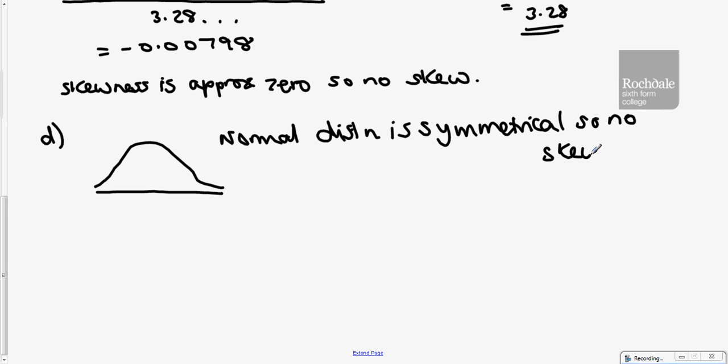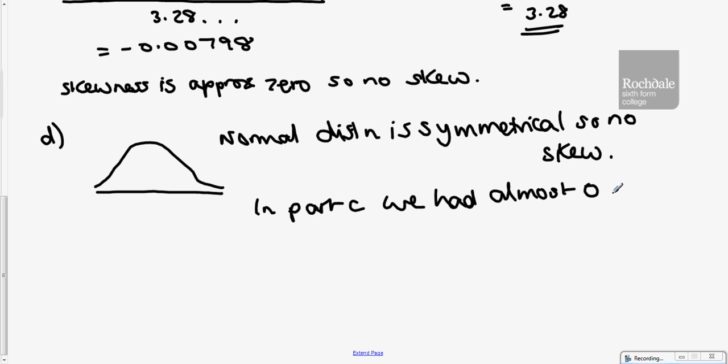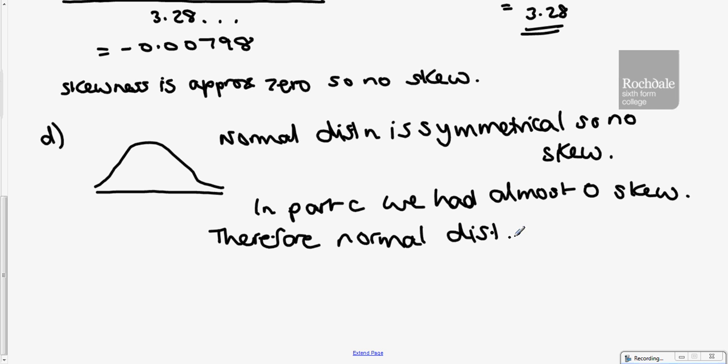That's the crucial thing. In part C, we had almost 0 skew. So we would think, therefore, the normal distribution seems suitable.